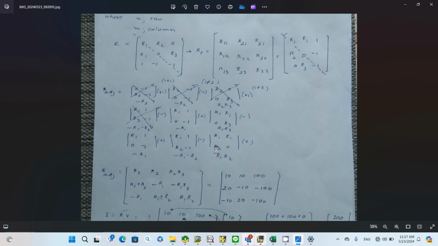Okay, let's do one more example, for element 3, 3, right? So you have row number 3 here, column number 3 here. So you end up with R1, R1, R2, 0. And the determinant is going to be R1 multiplied by 0, and then negative R1 and R2.